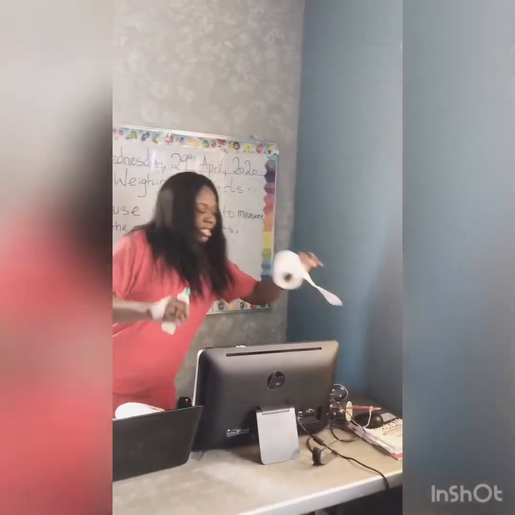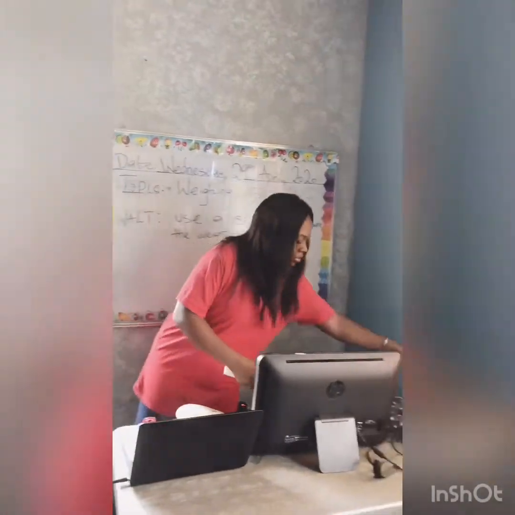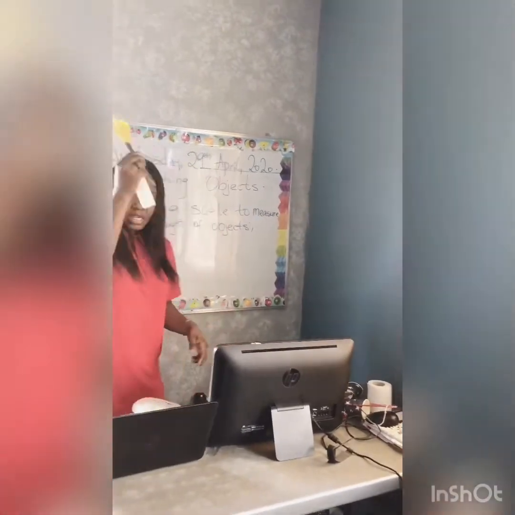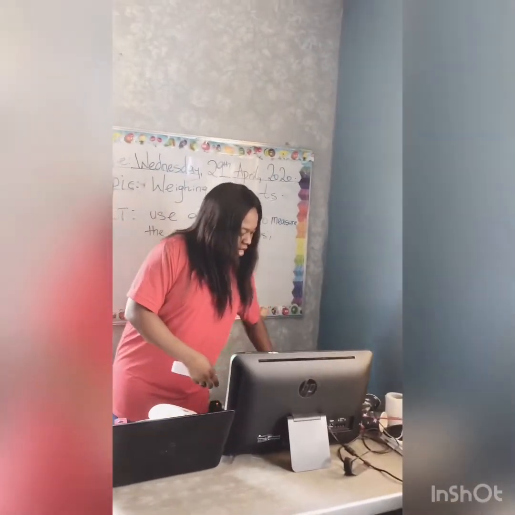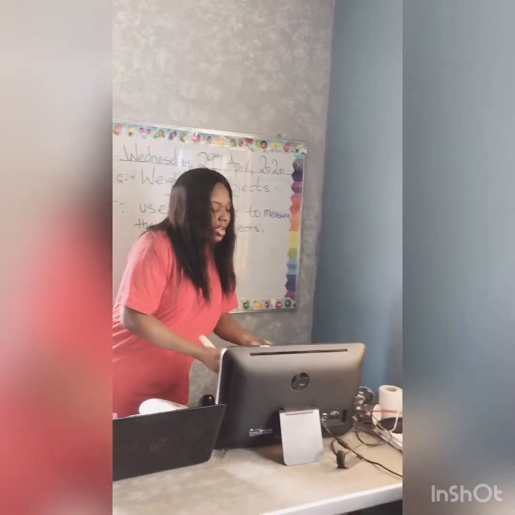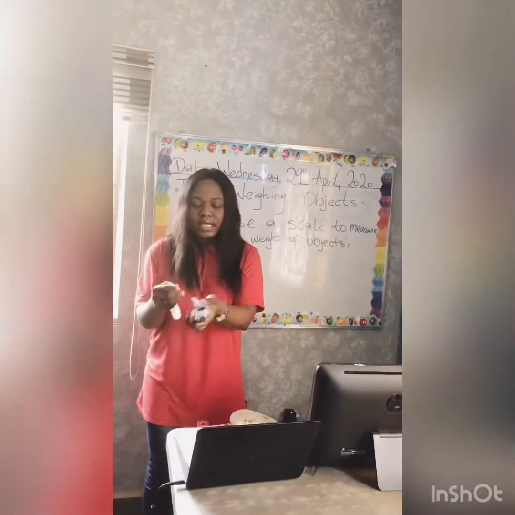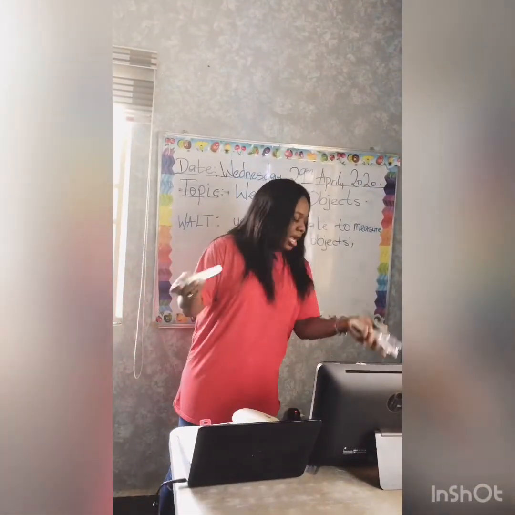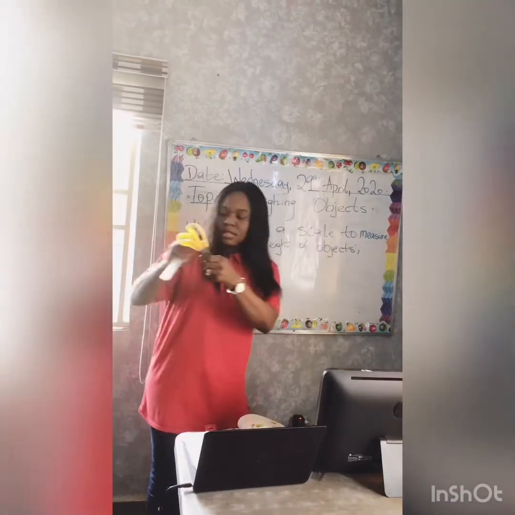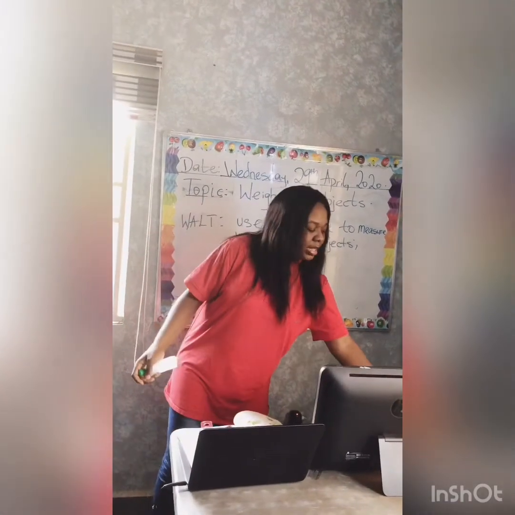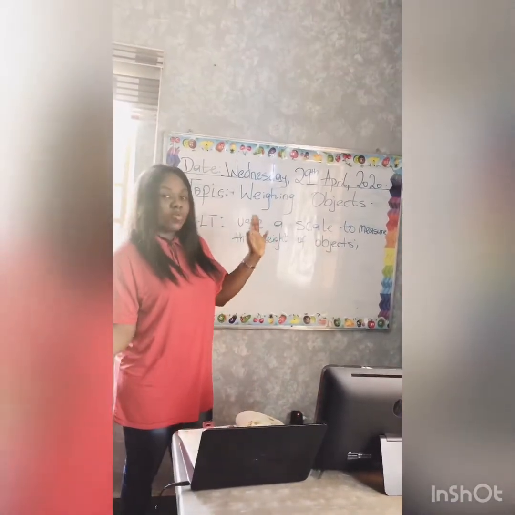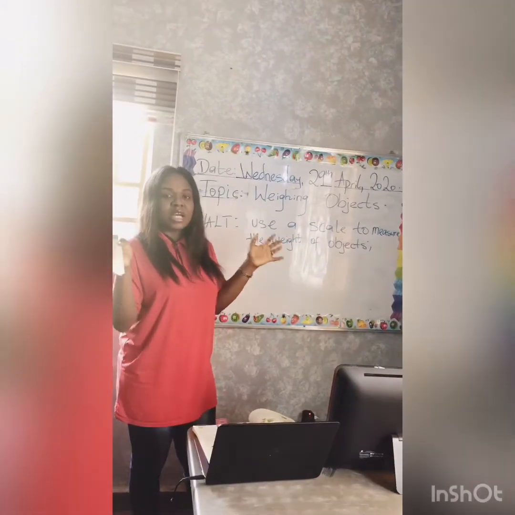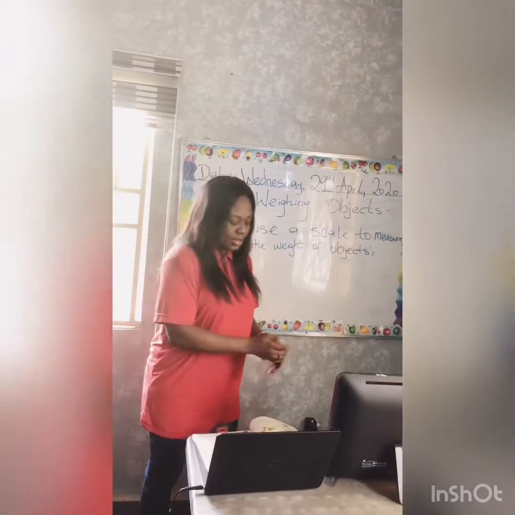I can even get a tissue. I have a scissors. I have a stapler. So if I were you, I would maybe write stapler will weigh more than the scissors. When we end up doing the actual weighing of the two objects, we'll find out the one that is correct.